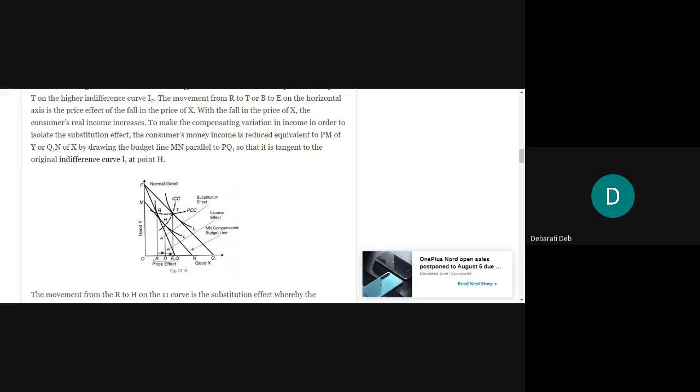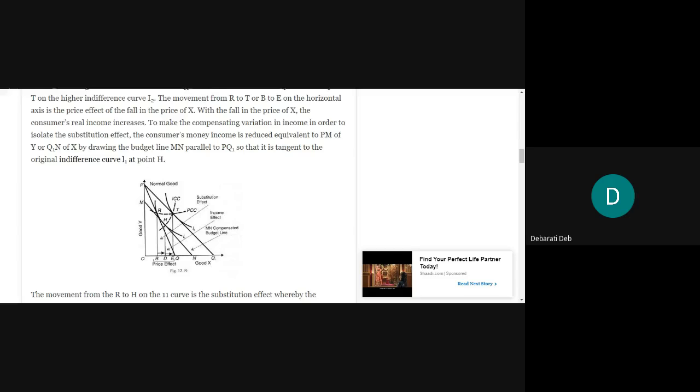That's why this shift is called the price effect, not the substitution effect. Thus, this movement from R to T or from B to E on the horizontal axis is the price effect. Of what? Price effect of the fall in the price of X, right?